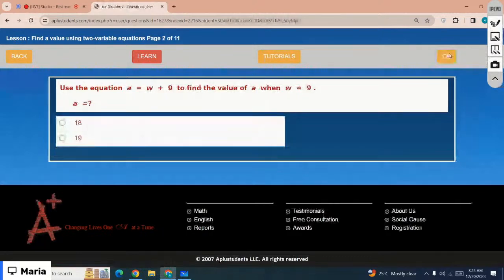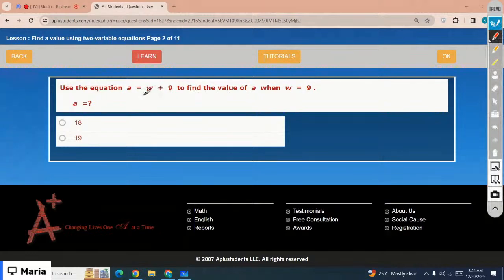Use the equation A equals W plus 9 to find the value of A when W equals 9. So you are given the value of W, that is 9, and you need to calculate the value of variable A, right? So just replace the variable with the value. Replace W with 9, right? Here is A equals W plus 9. So replace W with 9.